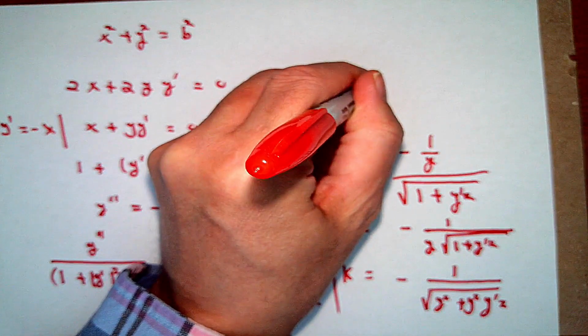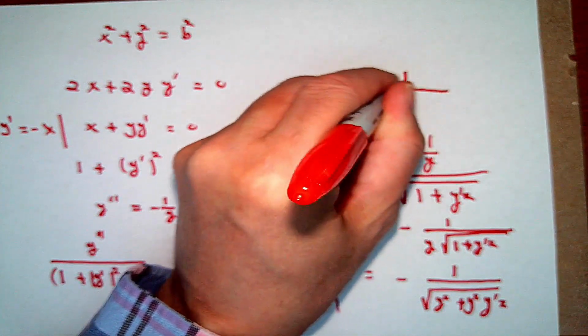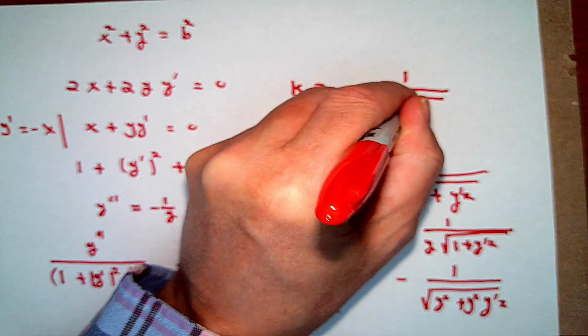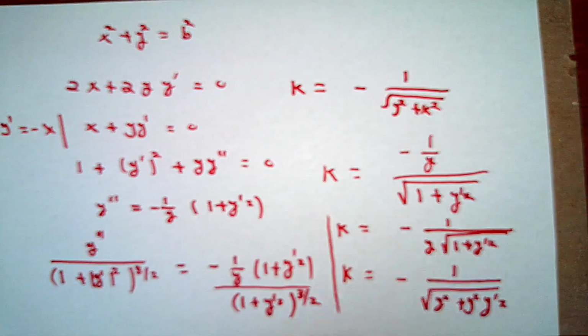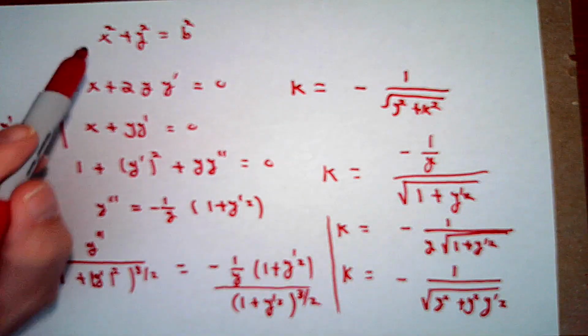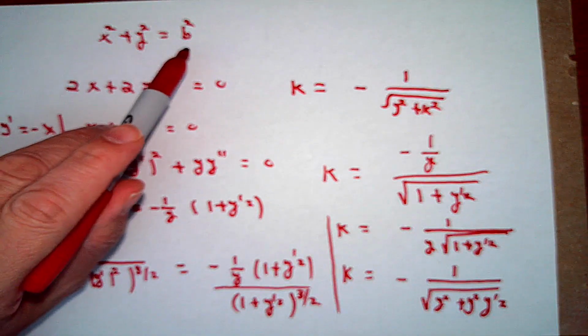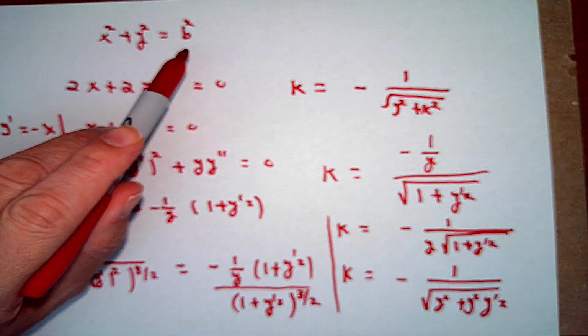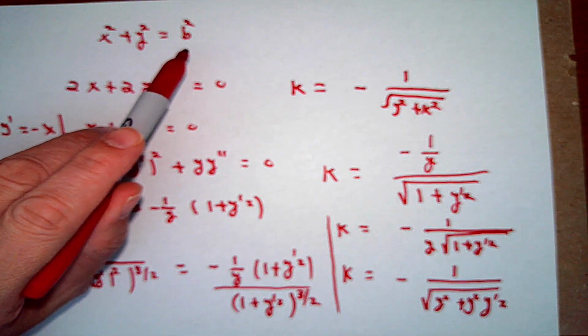Assuming that the y-coordinate is positive, the curvature will be negative 1 over radical y squared plus x squared, but x squared plus y squared is the radius of the circle squared. The radius is positive.